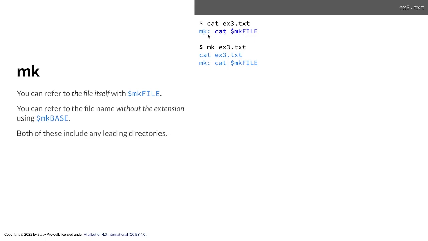It's got a make at the top here, and then it says cat $MAKEFILE. So this file is going to print itself out when I make it. Sure enough, when I say make ex3.txt, I get the command cat ex3.txt. $MAKEFILE has turned into the file name, and then I just cat the file out. That's what's in the file.